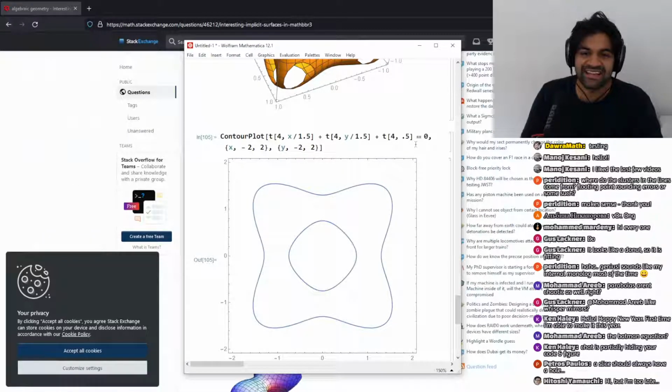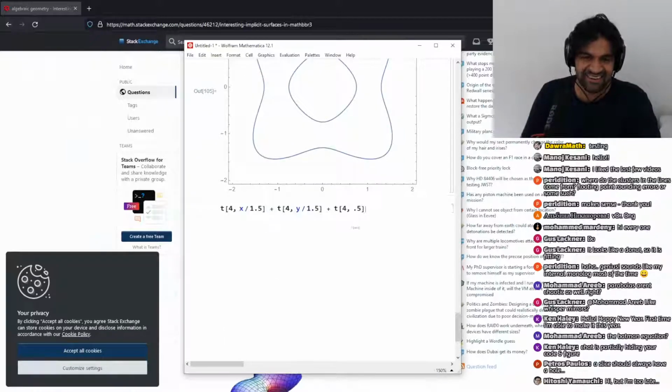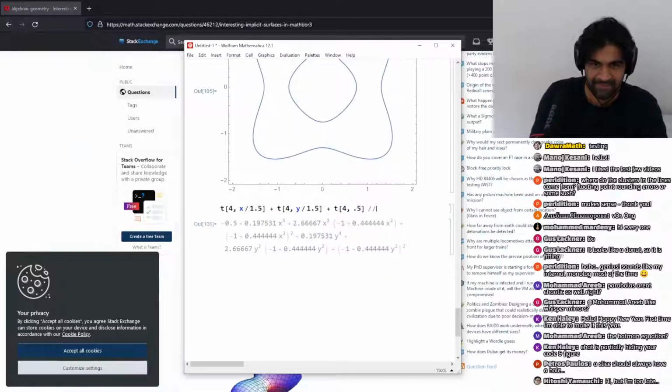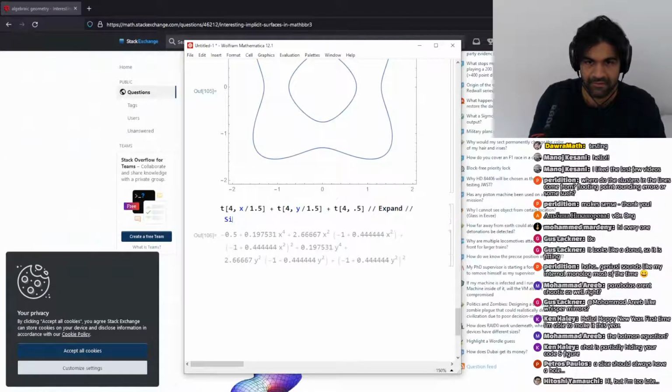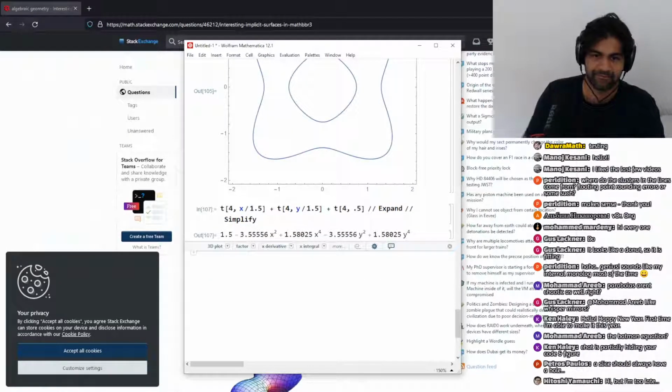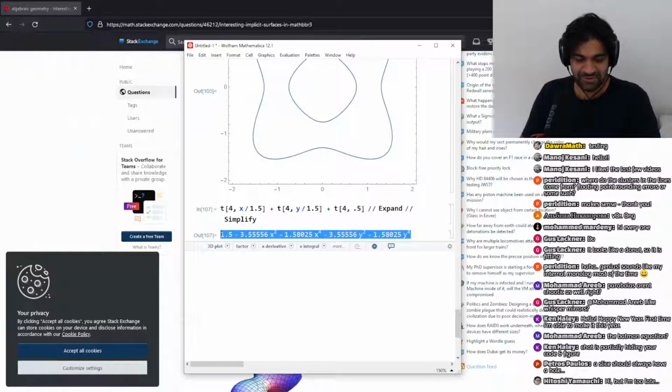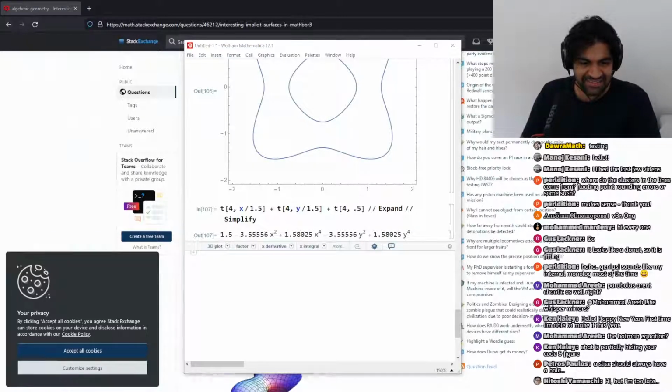Okay, now we get to the really annoying part, which is we need to copy this into Python. Because I did everything in Python for this video. But let's see what this equation is. Okay, you know what? That's not so bad. I'm just going to take this equation and copy it into Python.